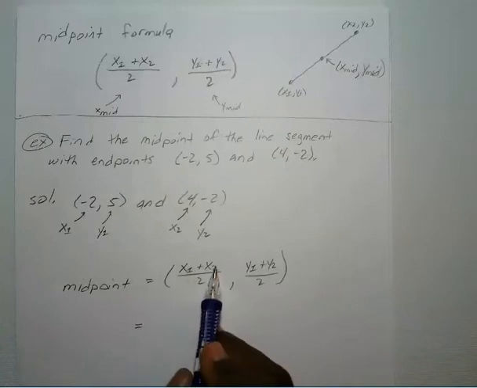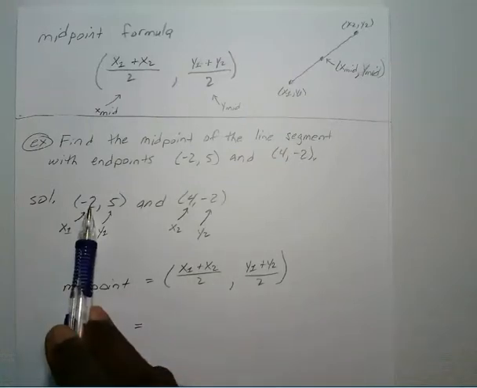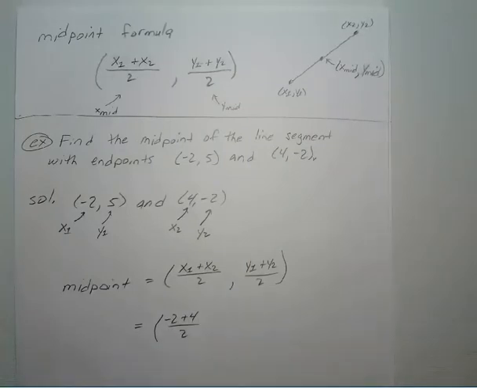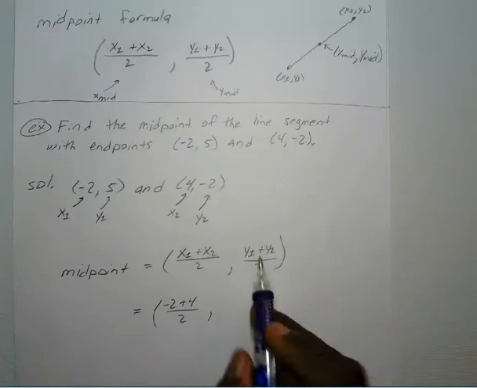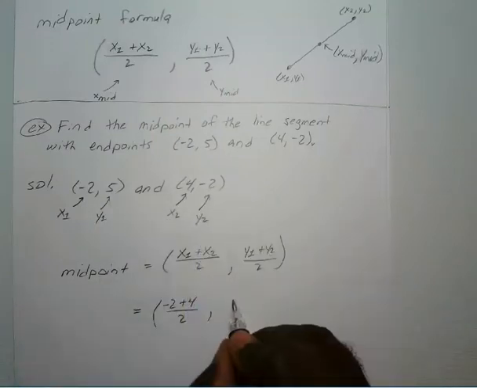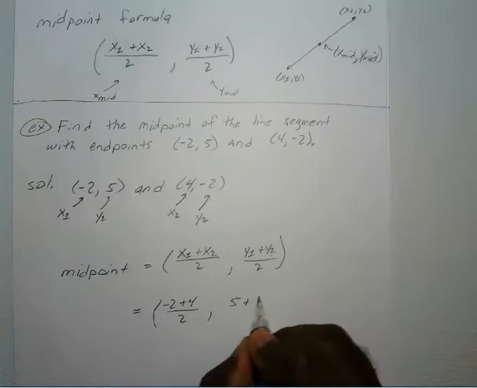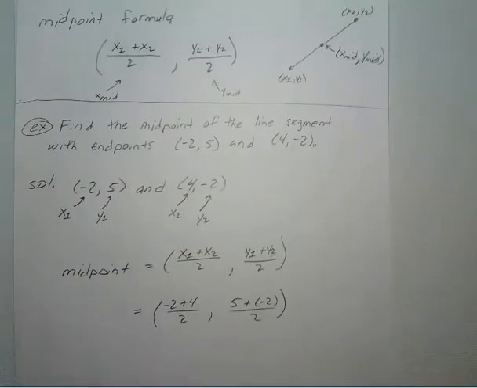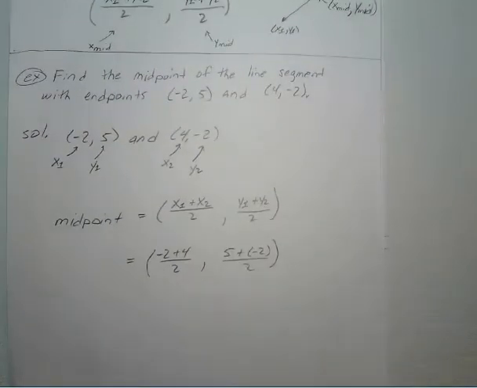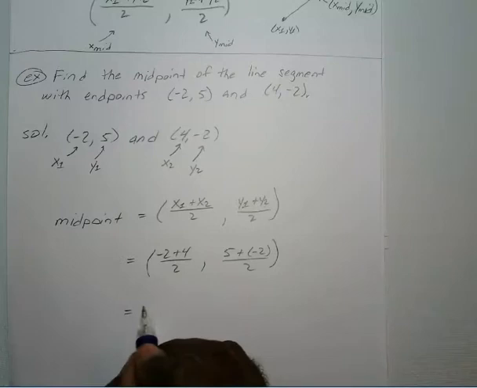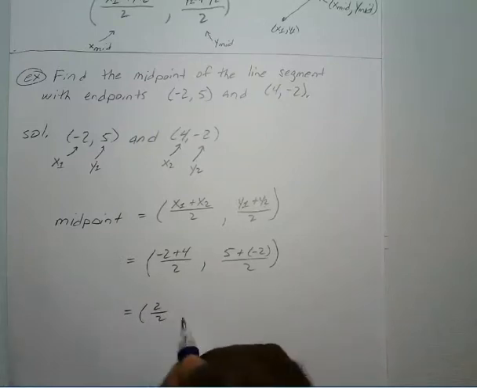So x1 plus x2 is just -2 plus 4, so you have -2 plus 4 divided by 2. And your y1 plus y2 is 5 plus -2, so 5 plus -2 divided by 2. Okay, so -2 plus 4 is 2, so we have 2 divided by 2.